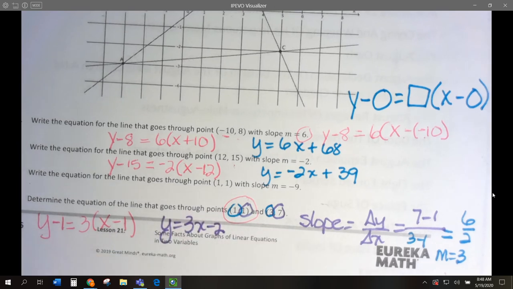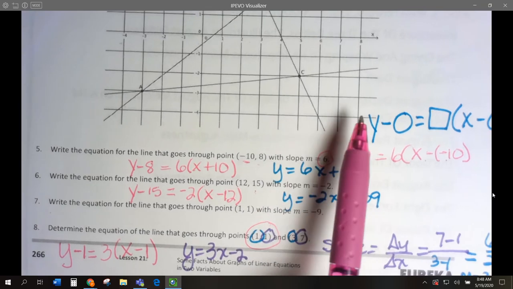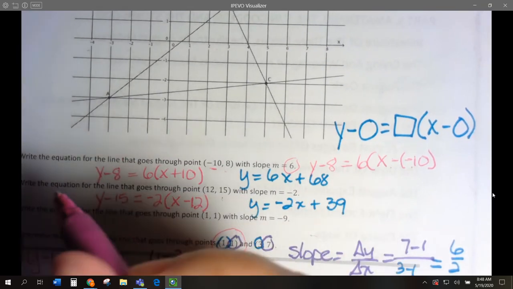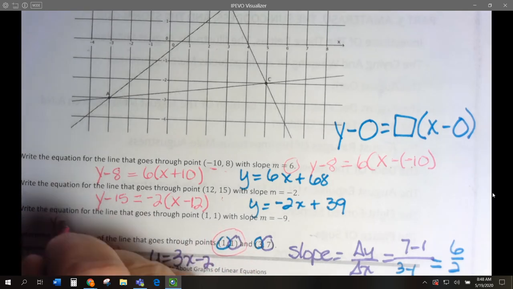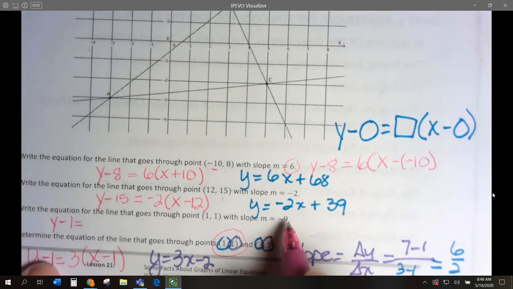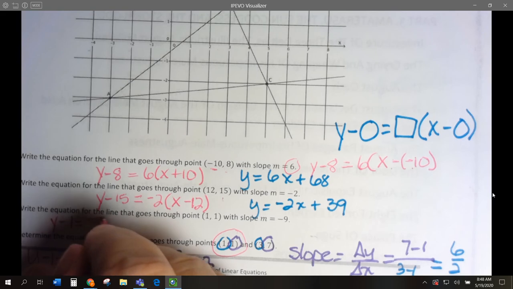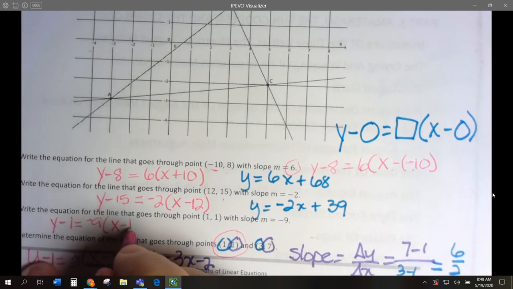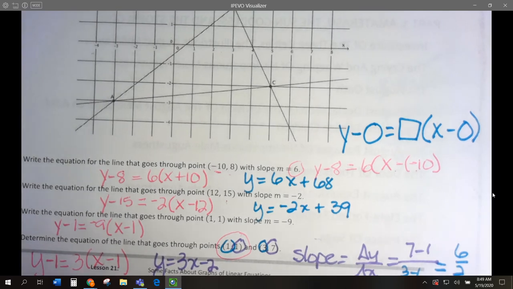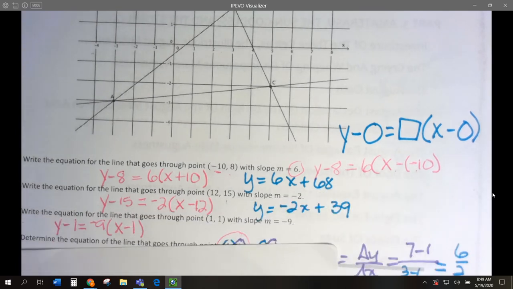And let's go back to 7, which I skipped over accidentally. Once again, let's choose the same template. Y minus our y point, which is 1, equals our slope, which is -9, times x minus 1. We're going to solve this over here.